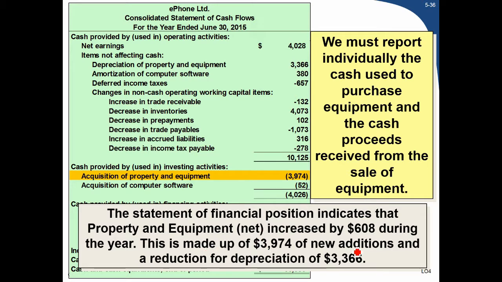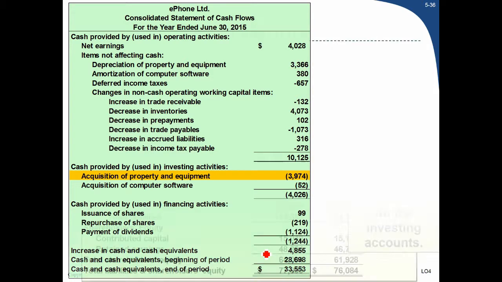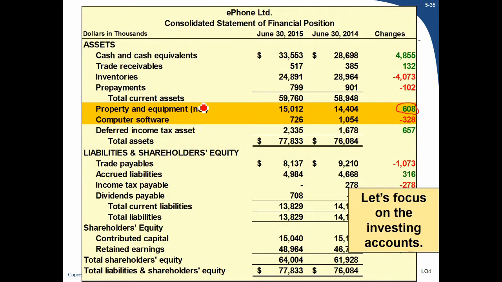We know that the total account increased by 608, and we know that we had depreciation of 3366. Therefore, the account has to have increased by 3974. We had to purchase 3974 worth of equipment, less depreciation of 3366, because this is presented on a net basis, which gives you a net increase of 608.